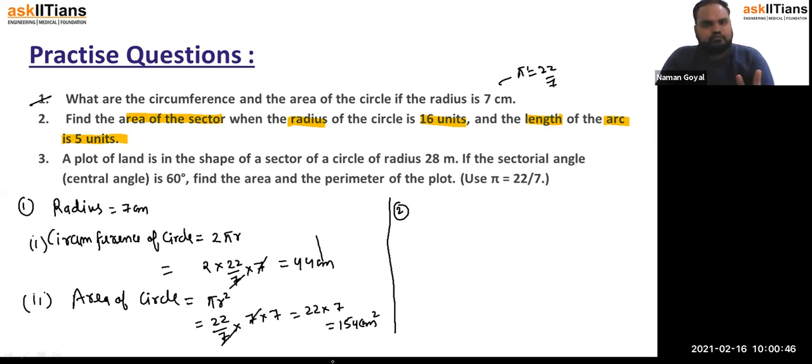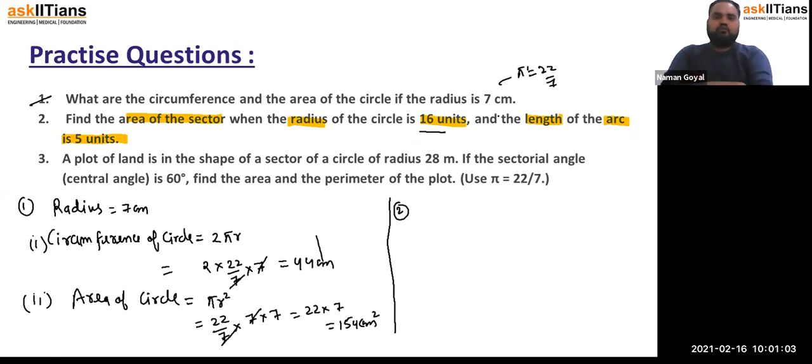But in this question, we don't have the central angle. We have the radius and the arc length.